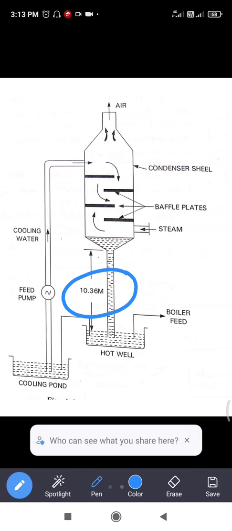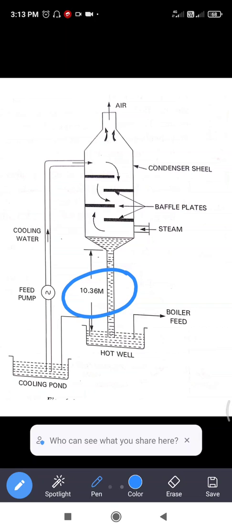The exhaust steam enters at the bottom while the cooling water is pumped in at the top. Thus, the counter flow is maintained and steam mixed with water gets condensed. The mixture of condensate and cooling water flows down to the hot well. The air is extracted from the top with the help of a dry air pump. This is the working of this high level jet condenser.